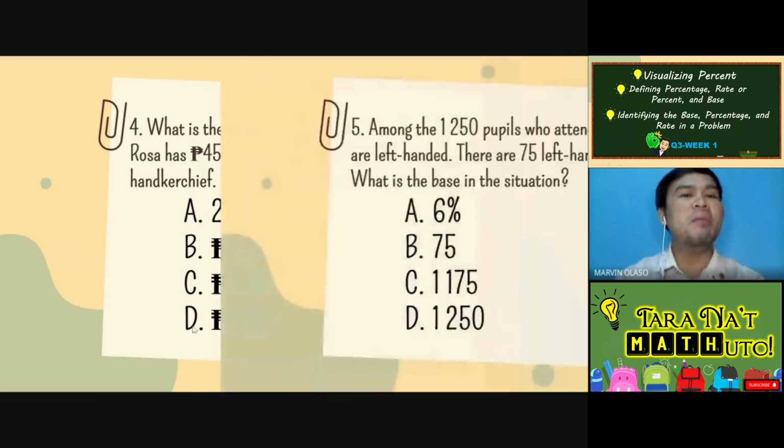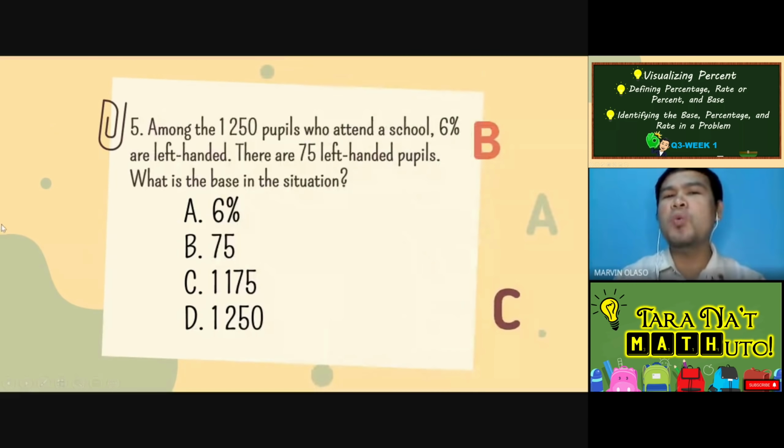And number 5, among the 1,250 pupils who attend the school, 6% are left-handed. There are 75 left-handed pupils. What is the base in the situation? A. 6%, B. 75, C. 1,175, D. 1,250.